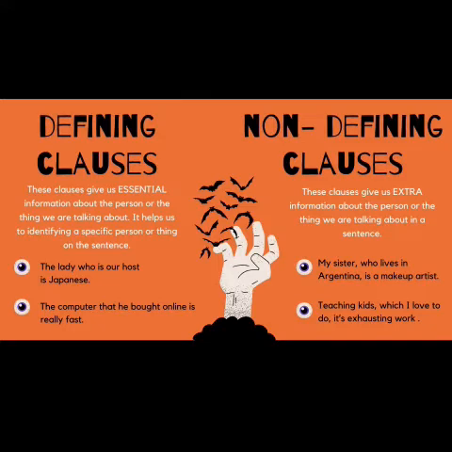For the non-defining clauses, these clauses give us extra information about the person or the thing we are talking about in a sentence. It means that if we don't give that extra information, the meaning of the sentence will be okay. So let's see the examples.